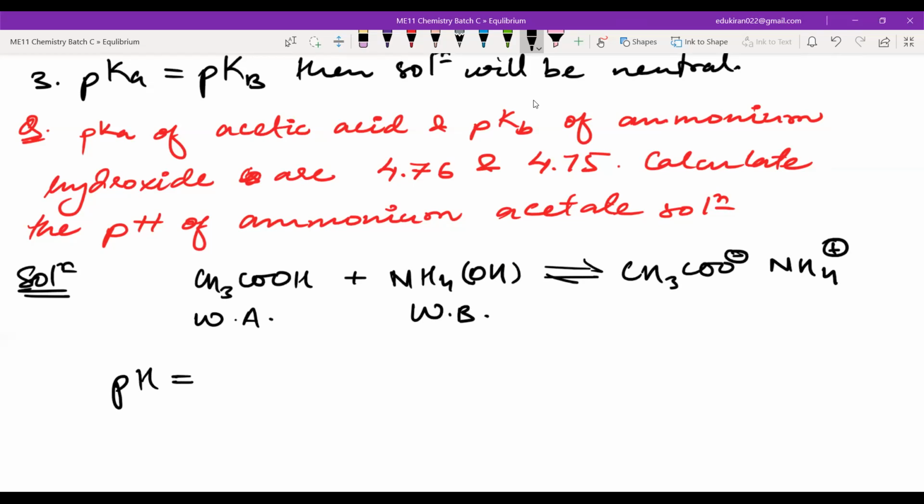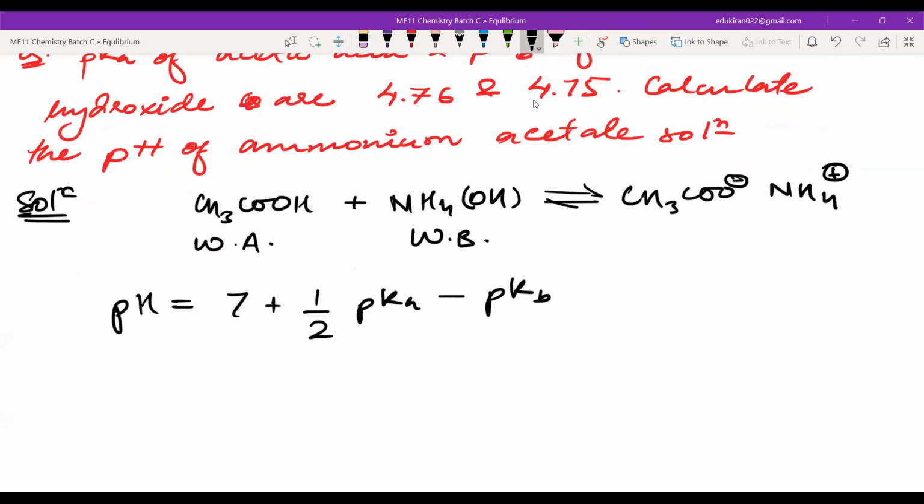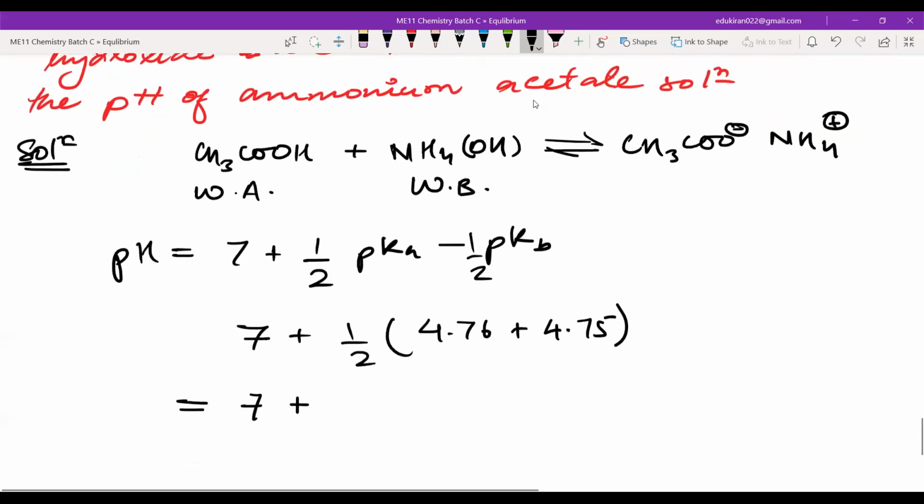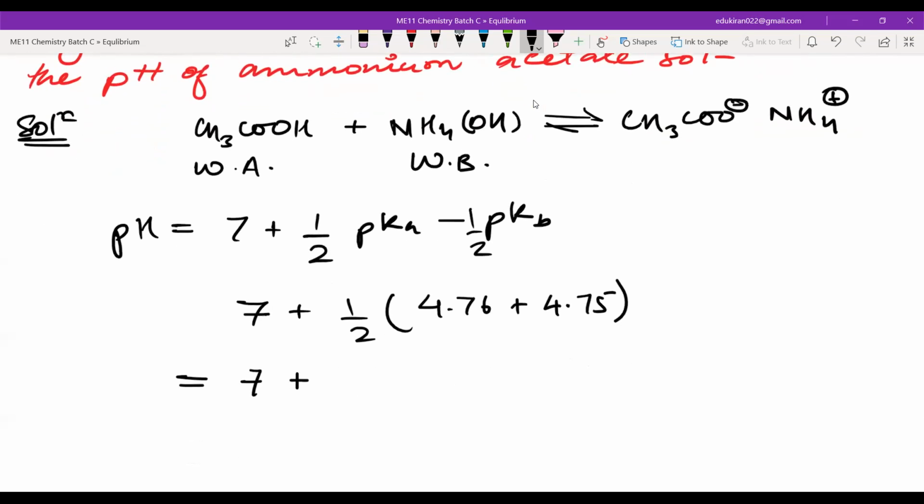This will be equal to pKw, that means 7, plus half of pKa minus pKb. So you can write 7 plus half of pKa, which is 4.76, minus 4.75.